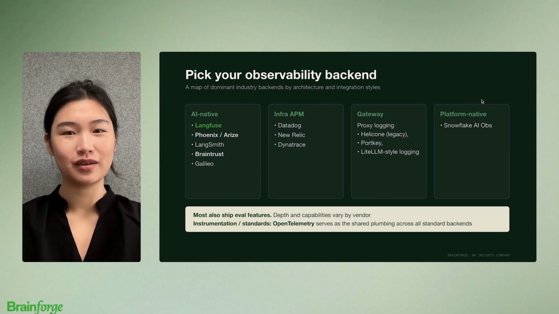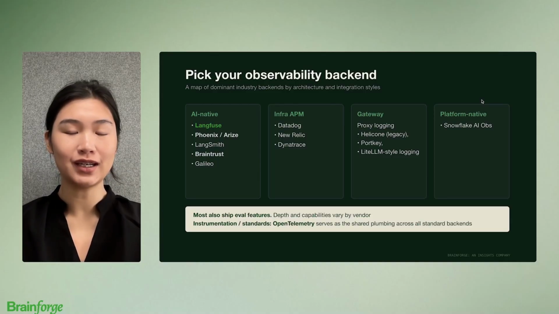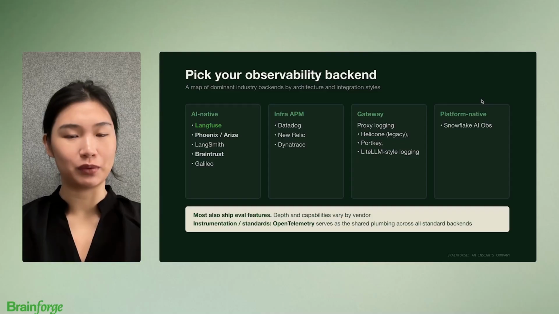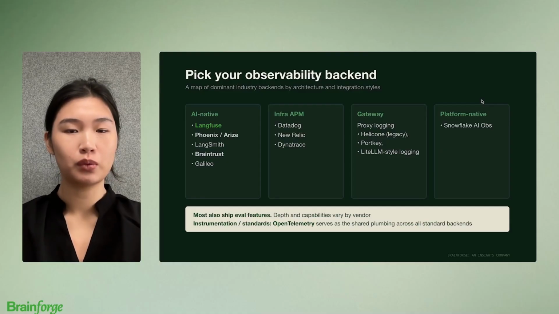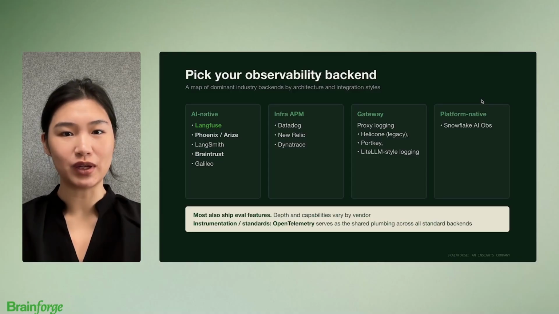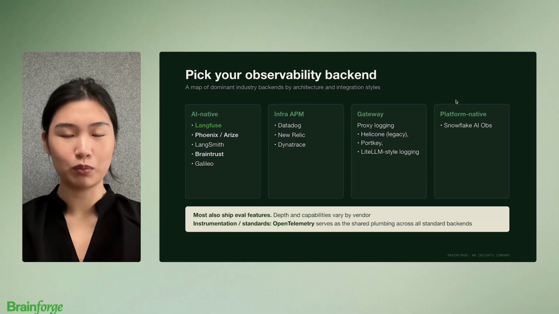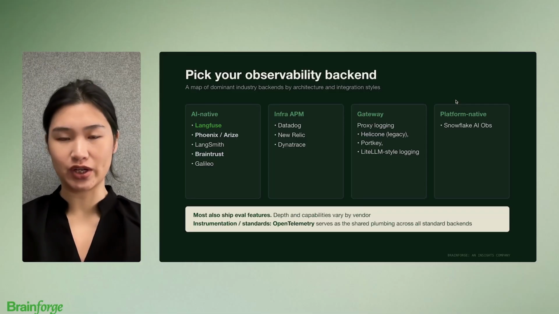Before we end, here's what the AI observability landscape looks like. There are AI native tools, such as Langfuse that we demonstrated today, and also products like Arize and Braintrust. There are application performance monitoring tools, which are more like traditional tools that are integrated with the software and will help you look at costs, latency, errors, etc. There are also gateway and proxy tools, which sit in front of your model API and log traffic by changing the URL.